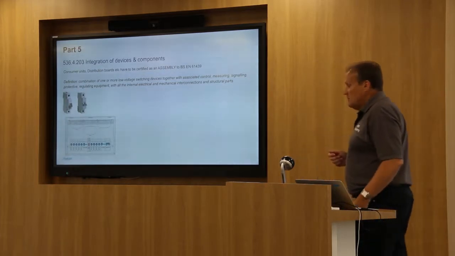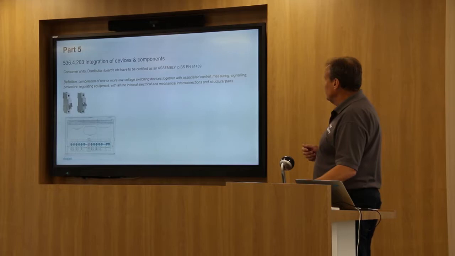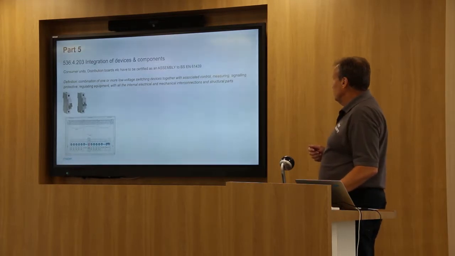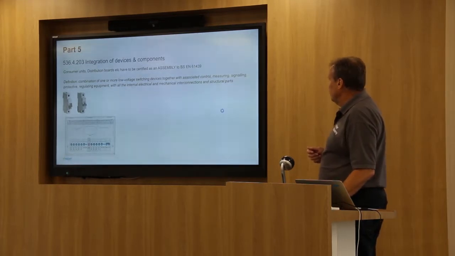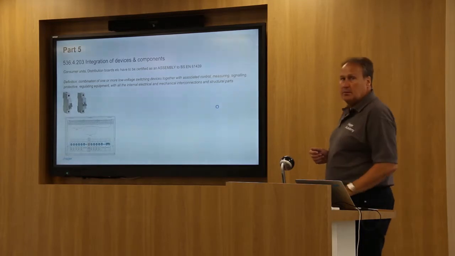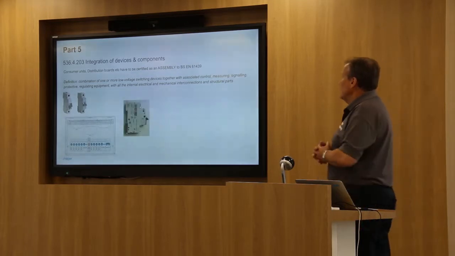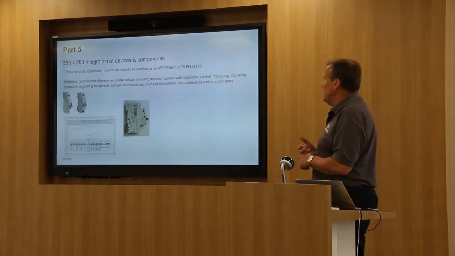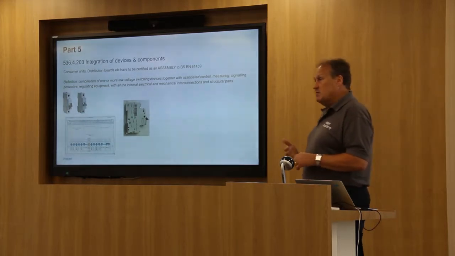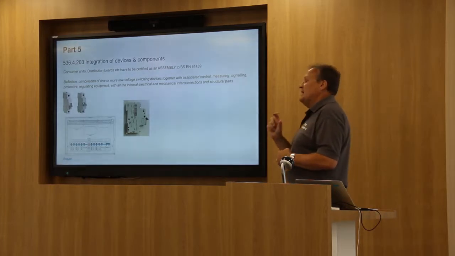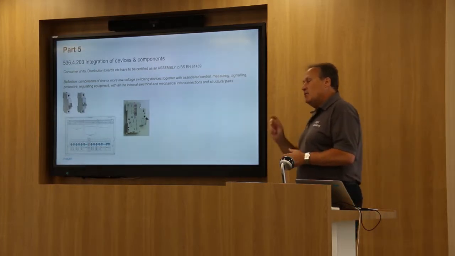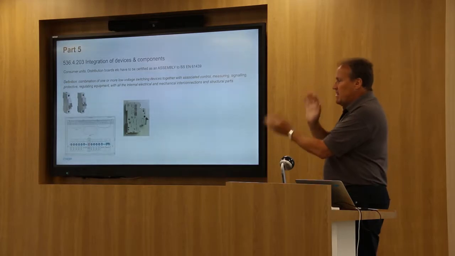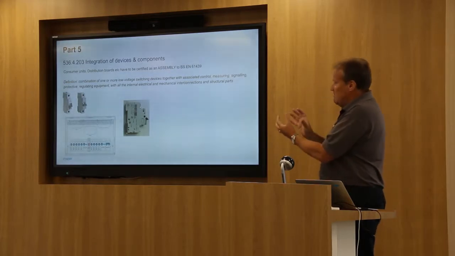So you might say, why is this important? Because all miniature circuit breakers, or MCBs, are to the same standard, probably 60898, and all more or less the same size, but they don't actually have to be the same dimensions to the millimetre.